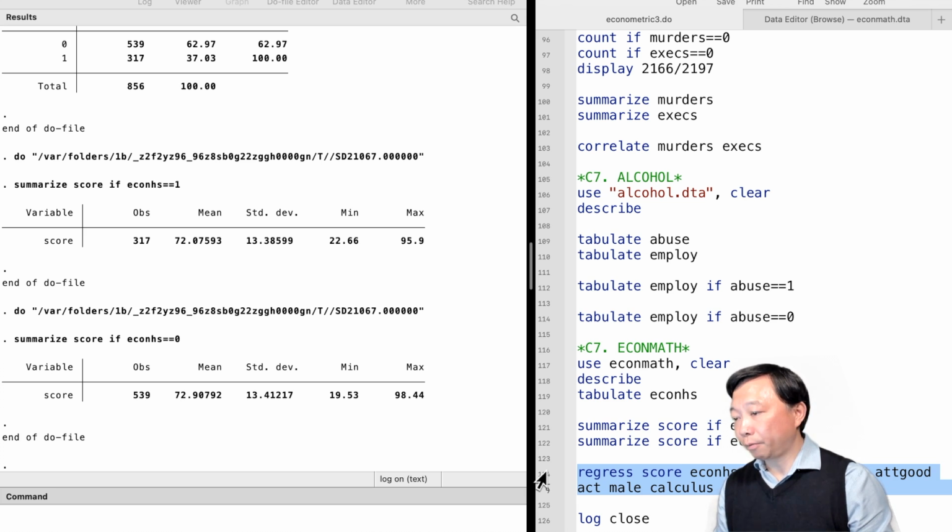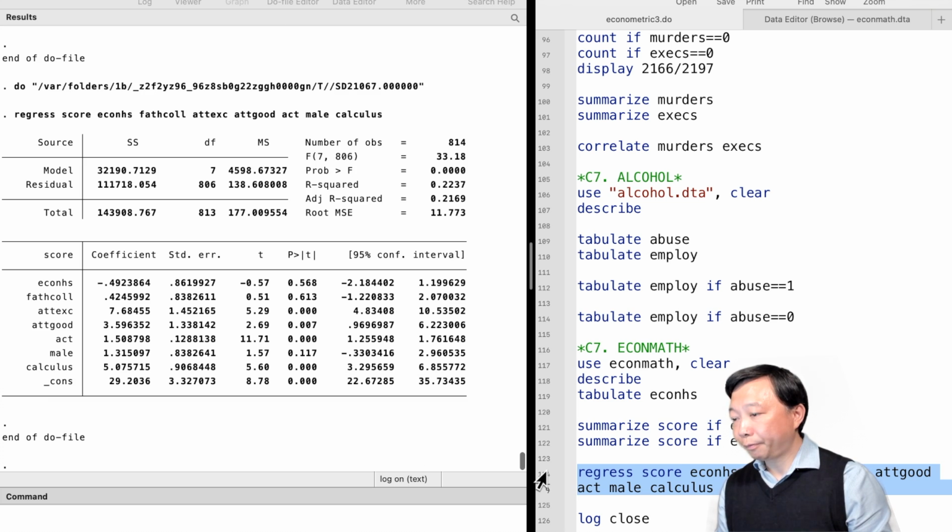If they are omitted from the model, it will lead to bias. And if we run a regression, we will find that the coefficient is not significantly different from 0. So there's no significant relationship between them.